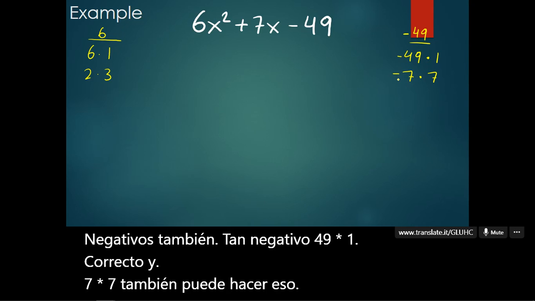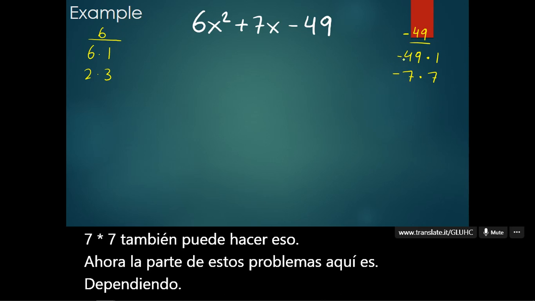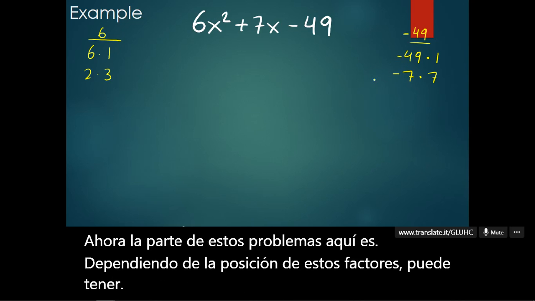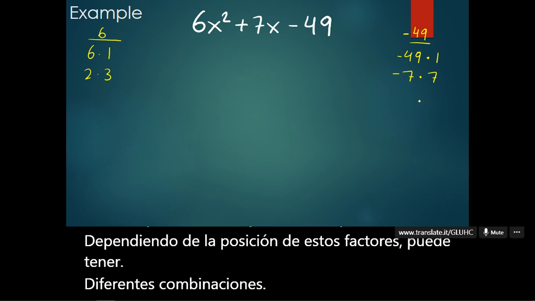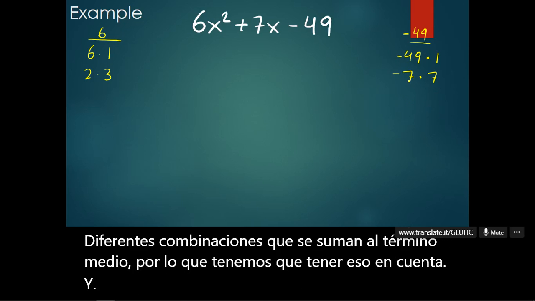Now the part about these problems is that depending on the position of these factors, you can have different combinations that add up to the middle term. So we have to take that into account and list out all the possible scenarios here.